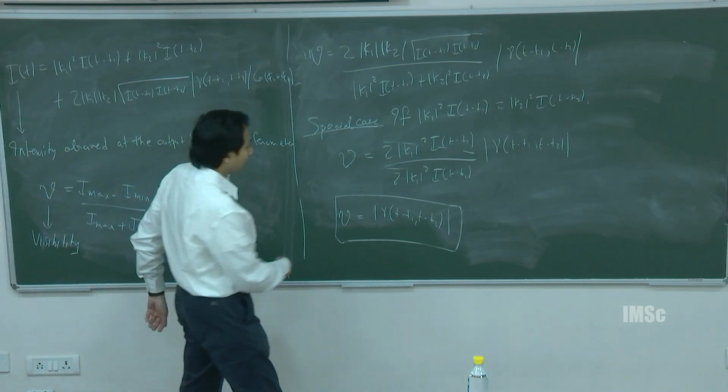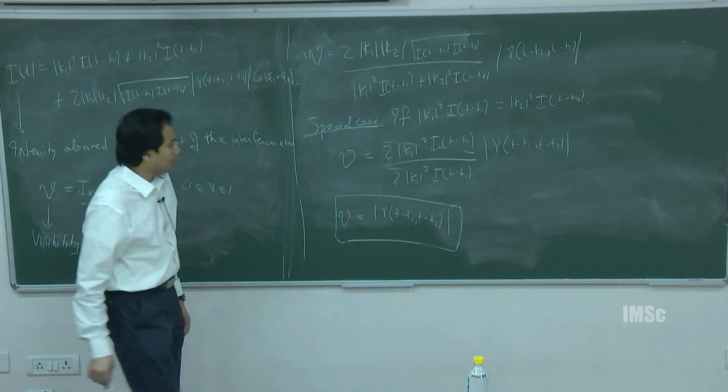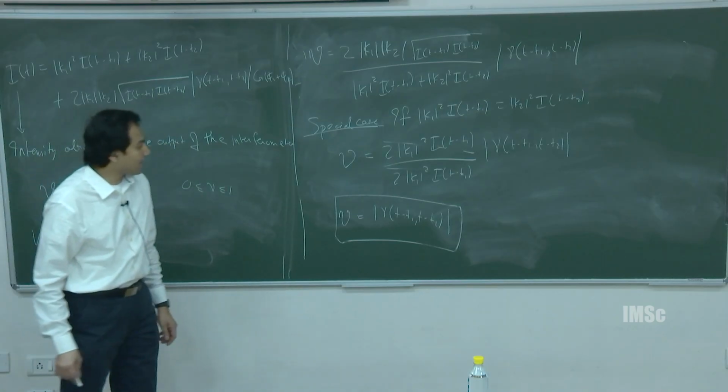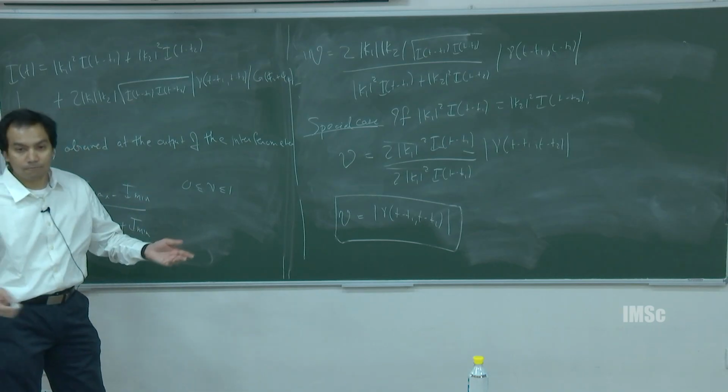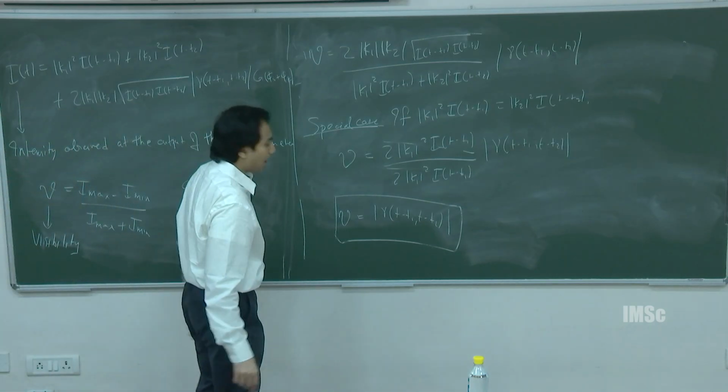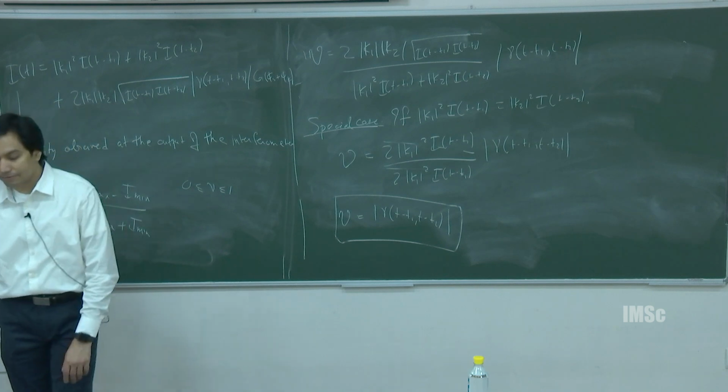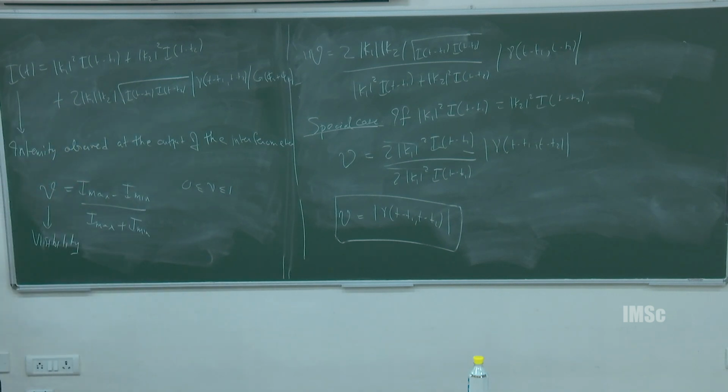And for partial coherence, that is for a value of mod gamma between 0 and 1, the visibility will also take a value between 0 and 1, in which case the contrast of the interference fringes will be reduced.